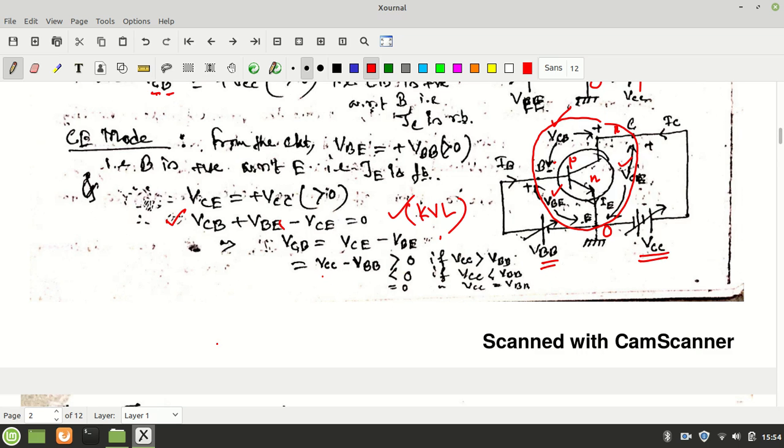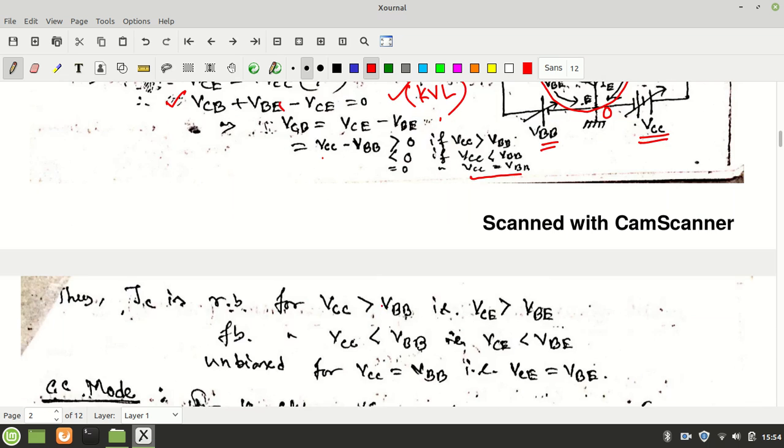You can set the collector-base junction as reverse biased if you make the VCC battery stronger than the VBB battery, and unbiased if you take two equal power batteries, because then VCB should be 0. That means collector and base are equal in potential.